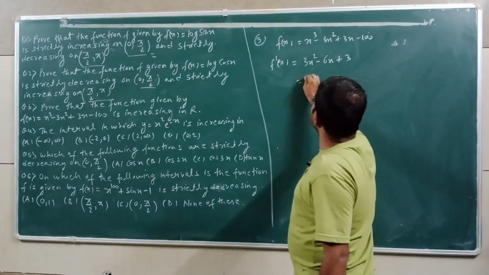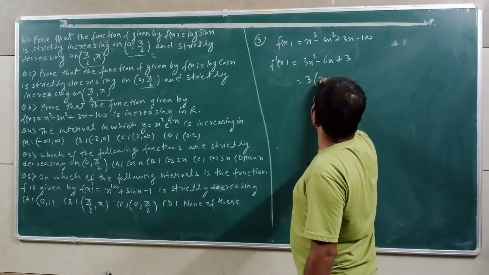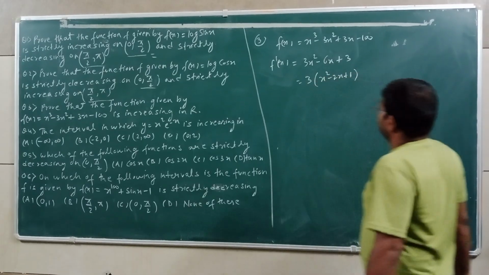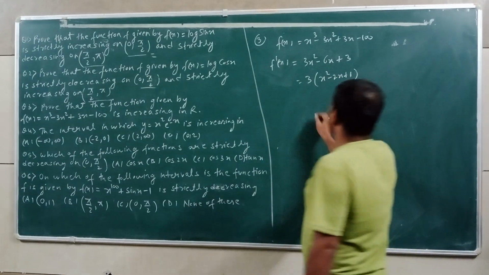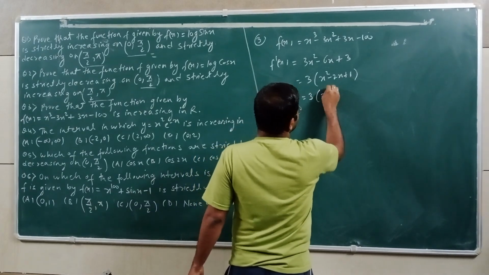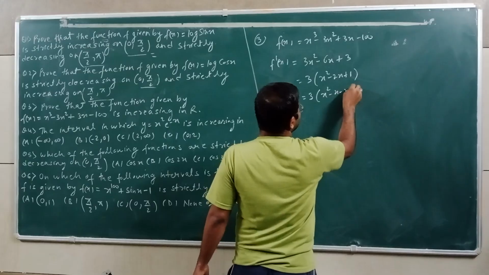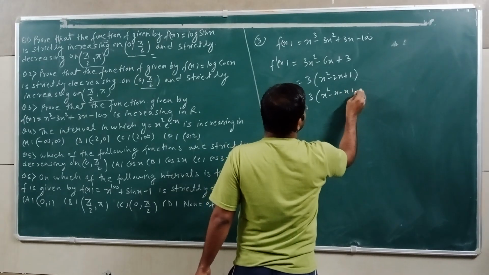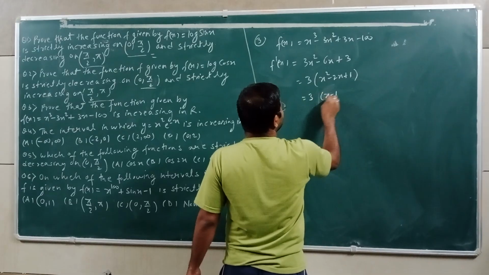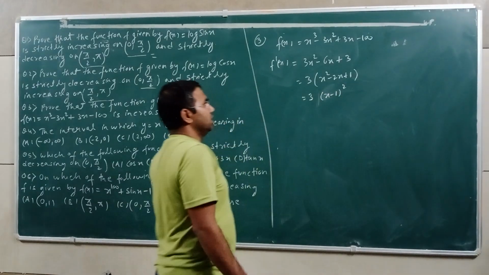Now see here, if you take 3 common, then x square minus 2x plus 1 will come. Using the identity, this is 3 times (x minus 1) whole square.